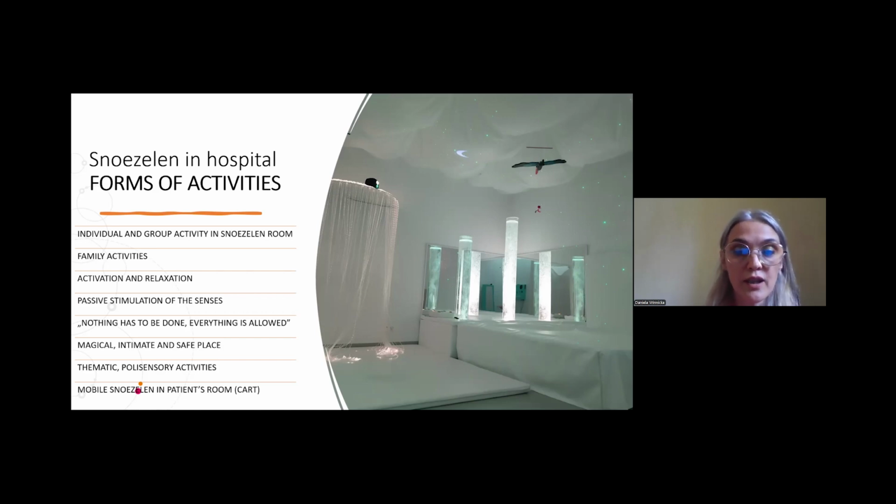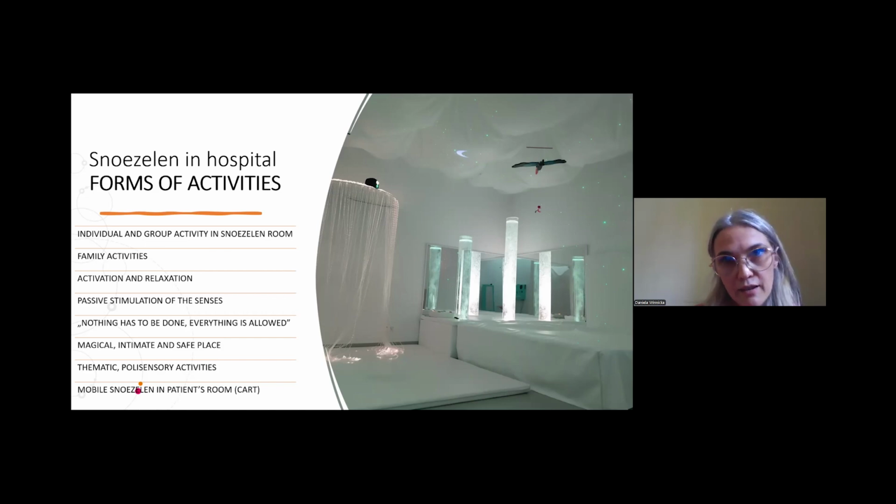Everything is allowed. It is true, because all the time in the hospital, children have to do something the medical personnel wanted, and in the snoezelen room they don't have to follow our instruction. We only open a snoezelen room and be with the children in this place, nothing else.